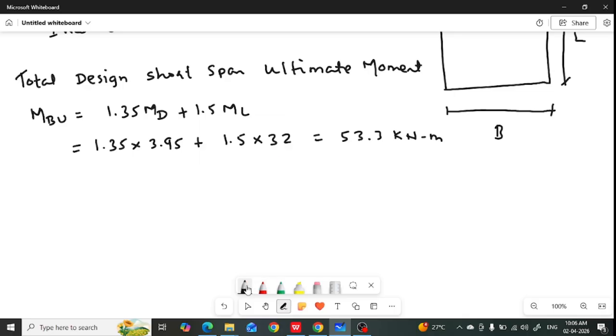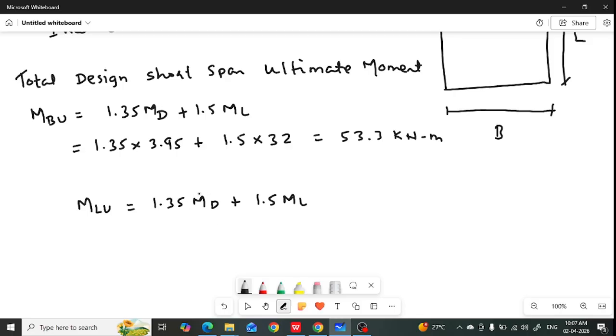Okay, we'll calculate that. So the total ultimate design bending moment with respect to the longer span is denoted by MLU, equal to 1.35 MD plus 1.5 ML. So this MD and the earlier MD are different.